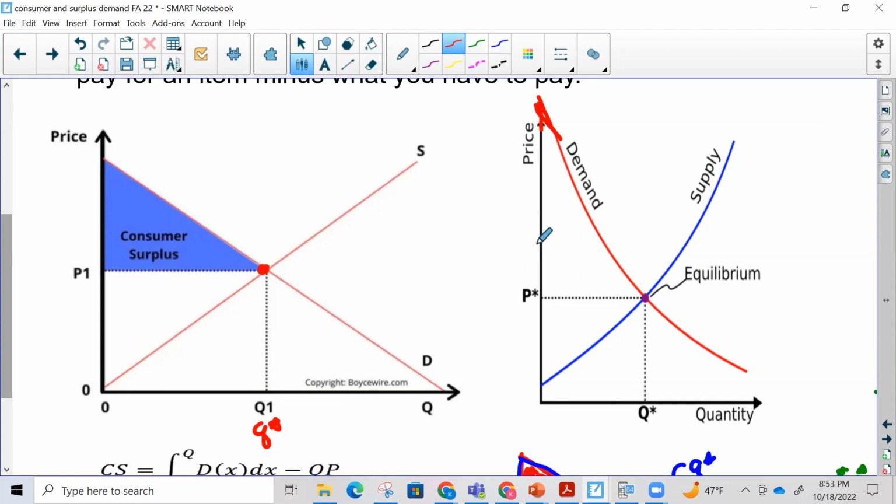For this one, again, the consumer surplus would be this region, and you would find it by taking the integral of the demand curve from 0 to Q star, and then subtracting out the area of this rectangle below it. Often they draw the supply curve on the same graph, so just know I'm taking out this entire area and I'm ignoring the supply curve when I'm doing consumer surplus.